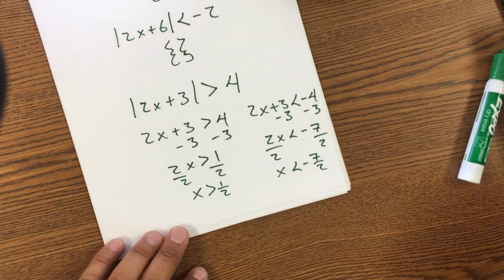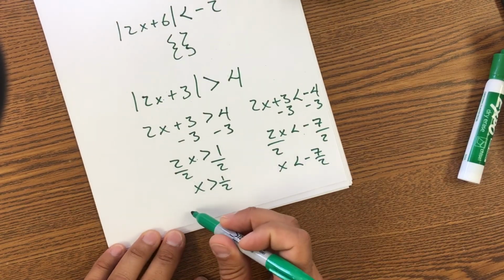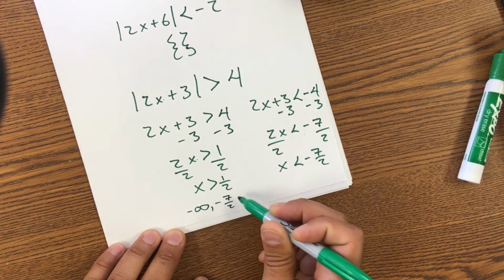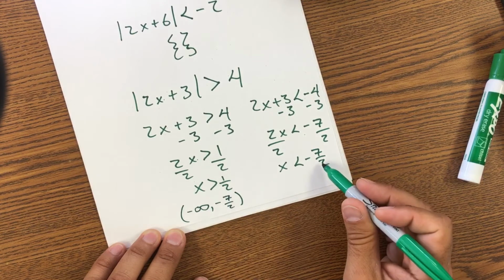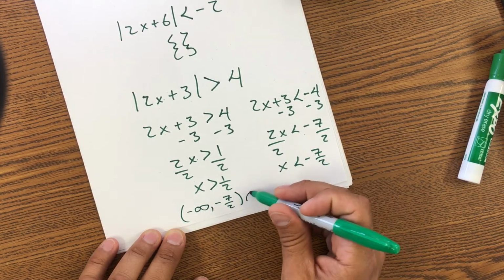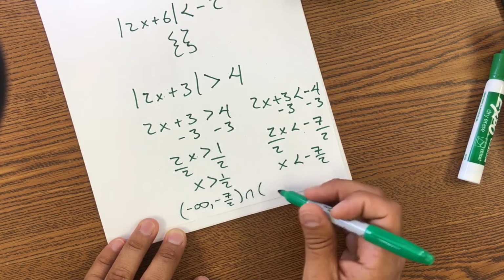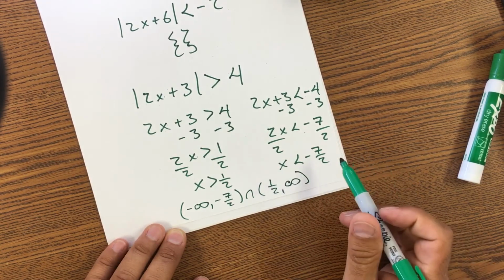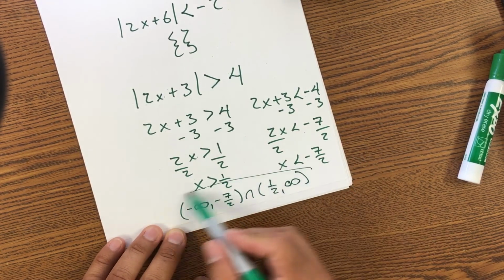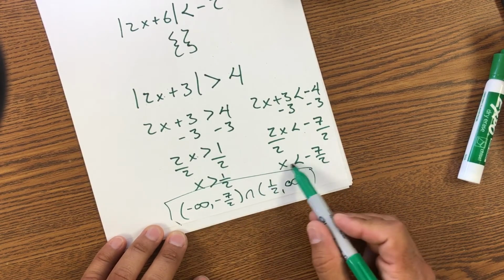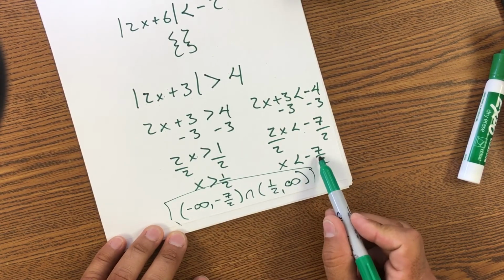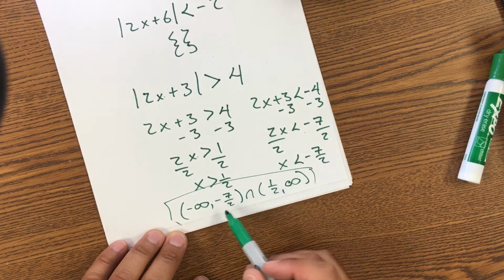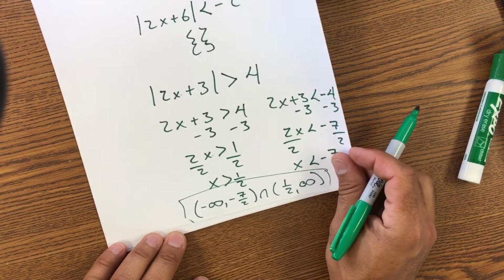What I can do is I can say, well, it's less than that, so it's going to go from negative infinity to that, not included, and it's going to go from this to infinity. So I can do both of these things. I can't put them together though, because it's impossible for me to be less than this and more than this. So that's why it's either this one or this one, okay?